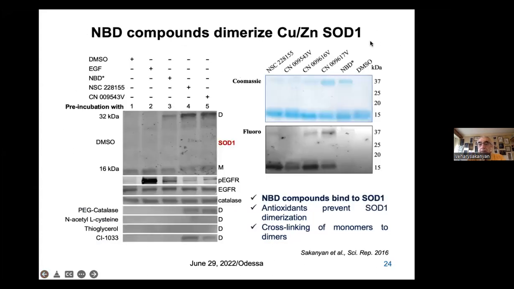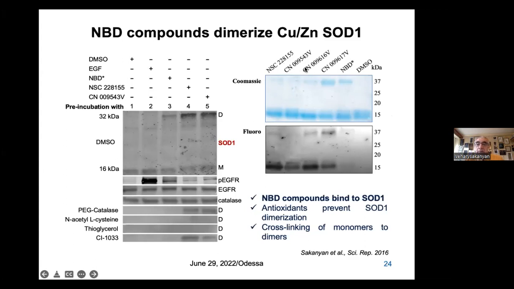And to the right, we have another picture, which is important. So here is a Coomassie coloration in the classical gel. We can observe that there is a monomeric superoxide dismutase, and the compound, in this case, was purified, of course.